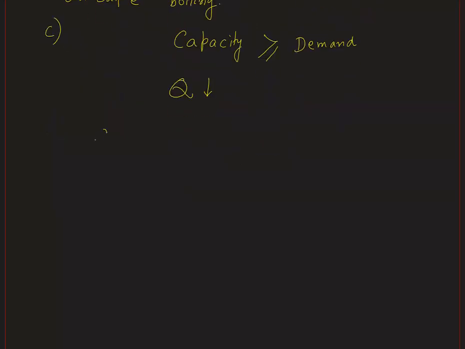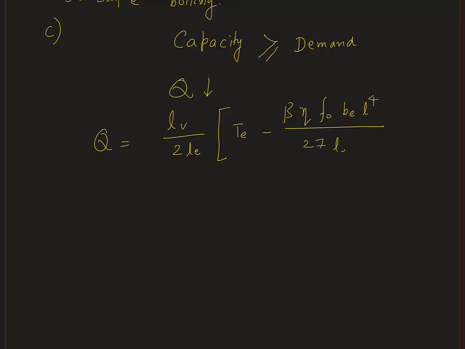If you remember the expression for Q, it was Lv divided by 2Le, times Te minus beta times eta F naught Be t to the power 4 divided by 27 Le Lv squared. So this is the expression for Q, and this is basically t.